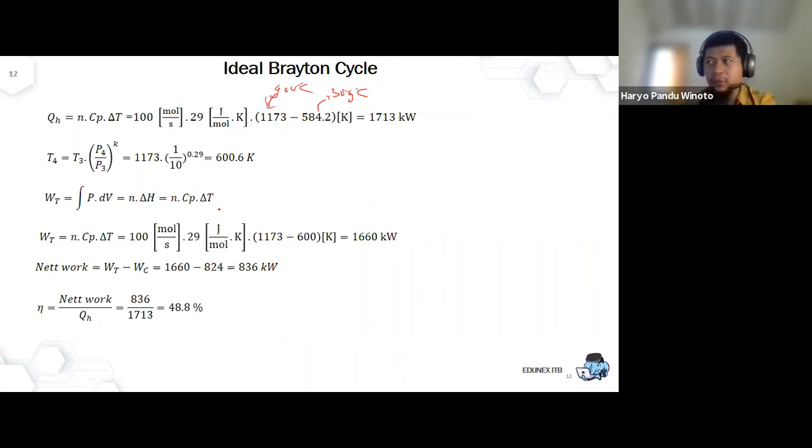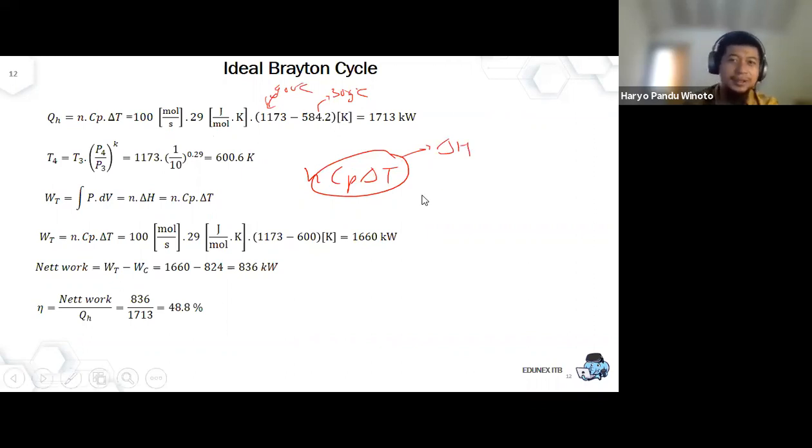Another thing, when you expand it, you need to find the temperature, because we want to find n Cp delta T. We don't have any other method to find the delta H unless we have the TS diagram.